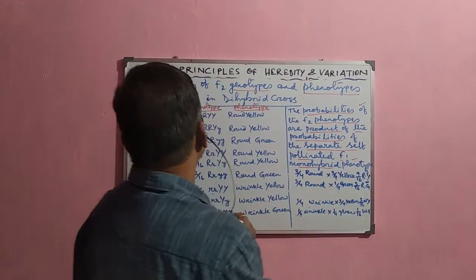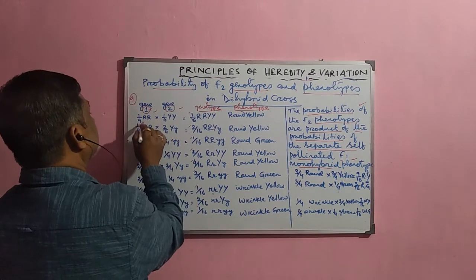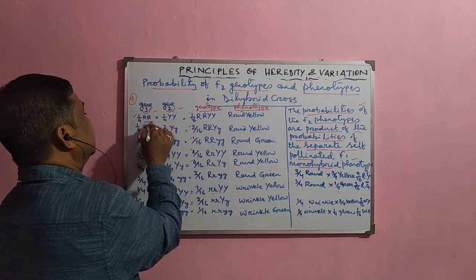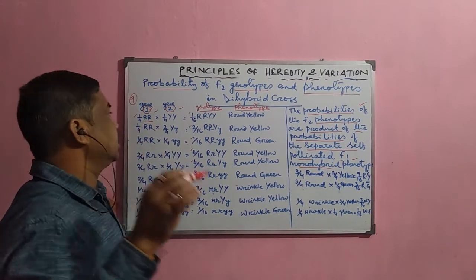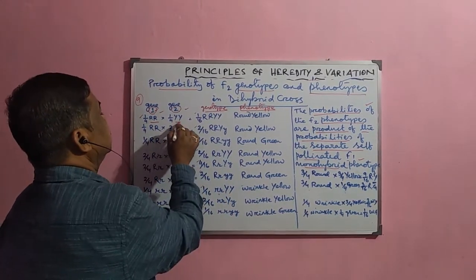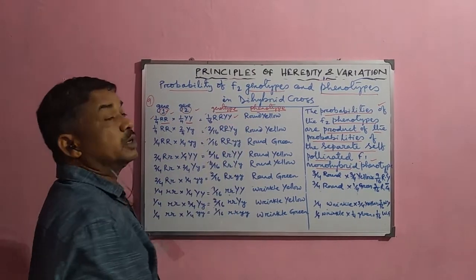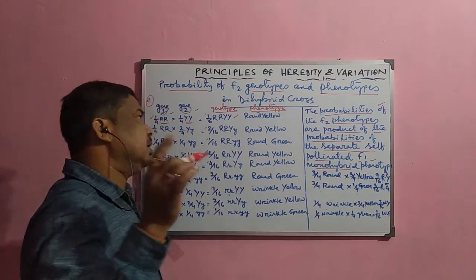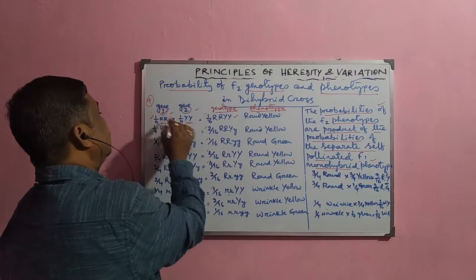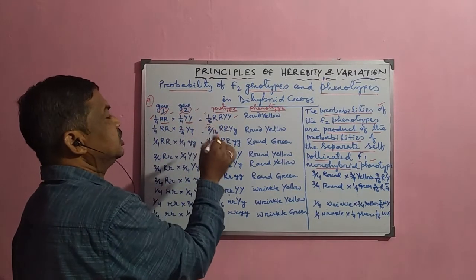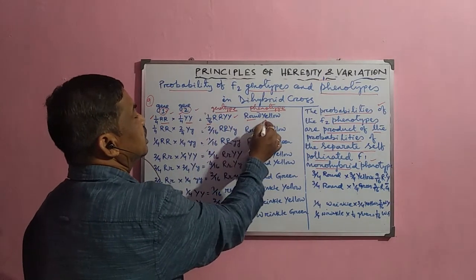Now here, look at it. Suppose the first gene is capital R type, or the round gene, then yellow, then your genotype will be capital R, capital Y. Now 1/4 into 1/4 is equal to 1/16. Now the phenotype is round yellow.